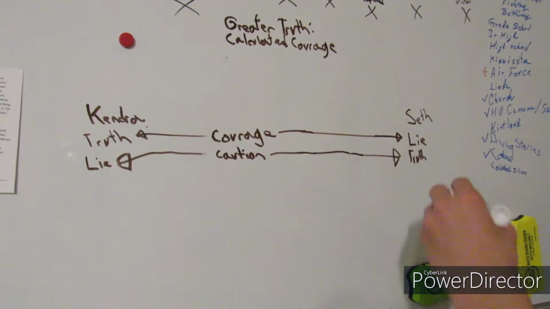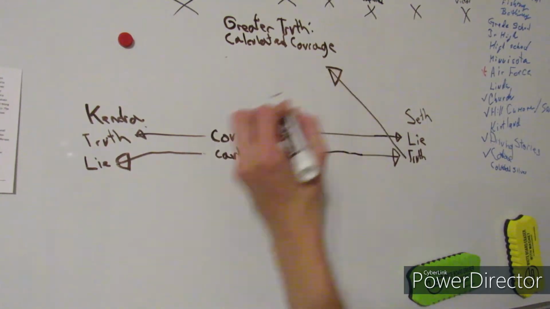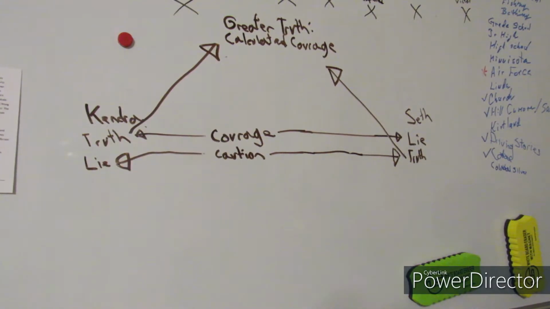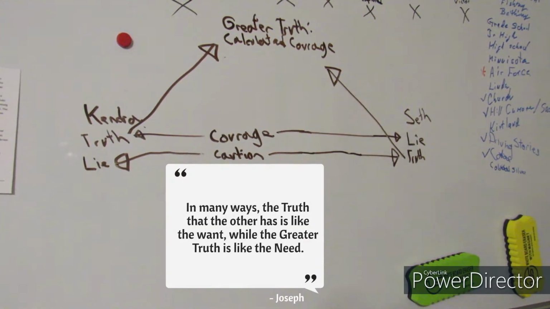And so both of, in a positive change arc at least, both of them are really arcing towards this greater truth. And so that's a quick example of a twin arc.